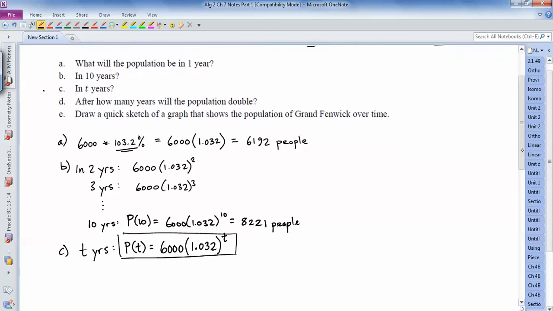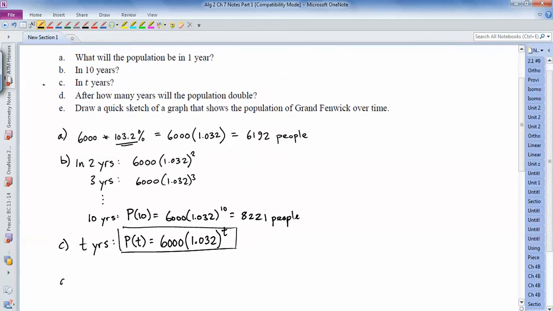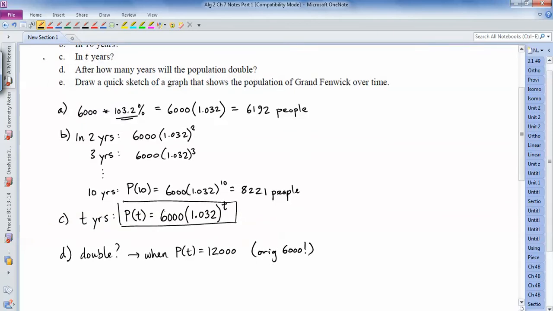Now, D is kind of a different question. D says, when will the population double? Right? Well, the population doubles when P of t, when the population is 12,000, because it was originally 6,000. So, in this equation right here, I'm going to replace the P of t with 12,000.